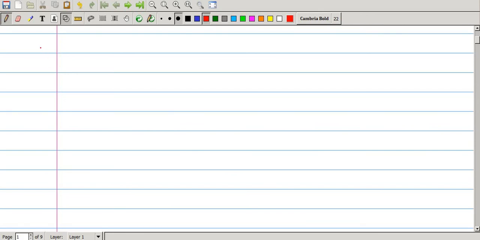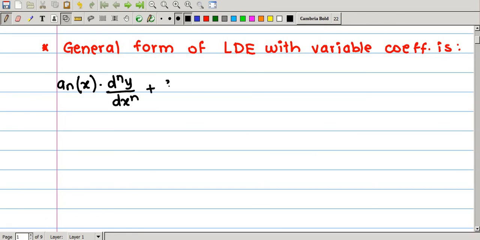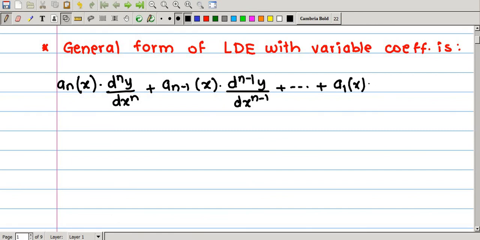Therefore, the general form of linear differential equations with variable coefficients is given by: an is a function of x into the nth derivative of y with respect to x, plus an minus 1 is a function of x, n minus 1th derivative of y with respect to x, a1 is a function of x into the derivative of y with respect to x, plus a0 is a function of x into y, equal to f of x.